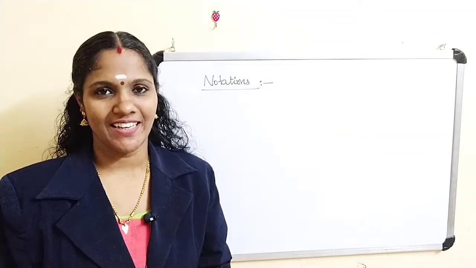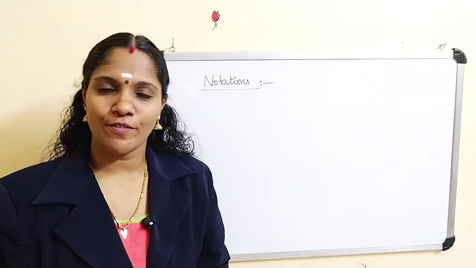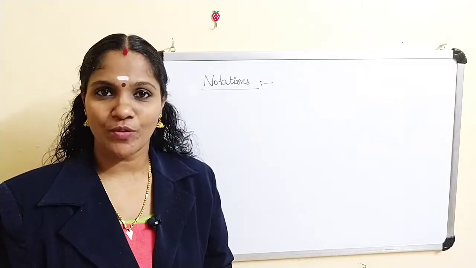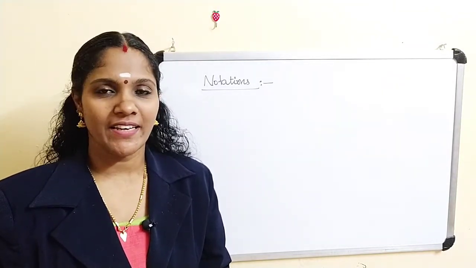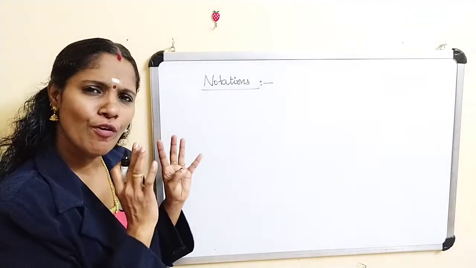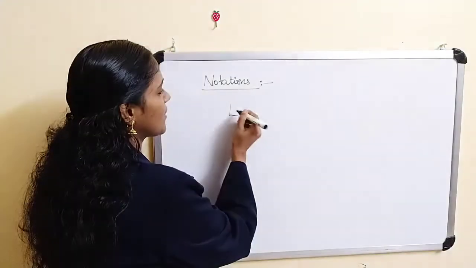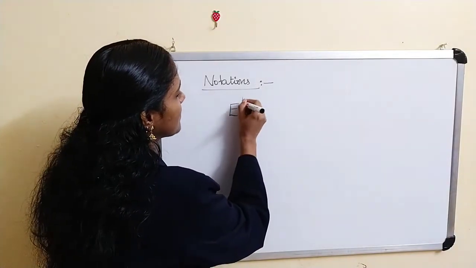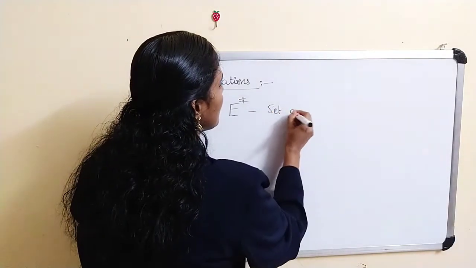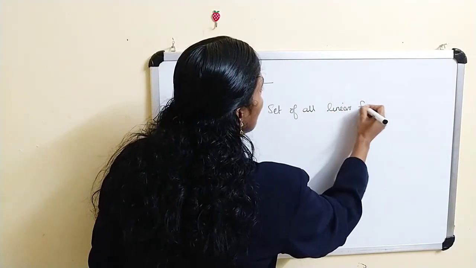So a linear functional f on a linear space E is a function from E to R satisfying the condition f of lambda x plus mu y is equal to lambda into f of x plus mu into f of y, and this is true for every x, y belonging to E and any scalars lambda, mu belonging to R. Now we consider the collection of all linear functionals on E. The collection of all linear functionals on E is denoted by E hash.